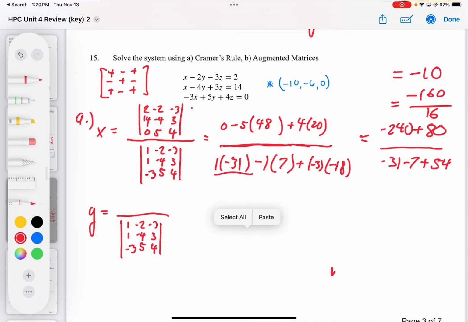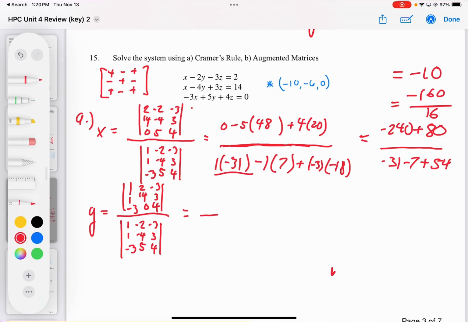Cool. And then we got to do our new determinant up top. So then we would get 1, 1, negative 3. Replace our y column with 2, 14, and 0. And then our final column, negative 3, 3, and 4. And then we spin the wheel again.